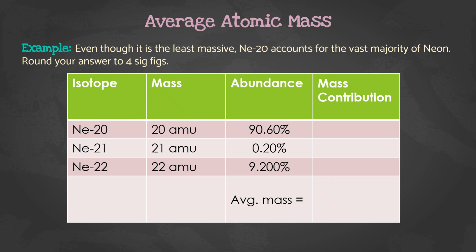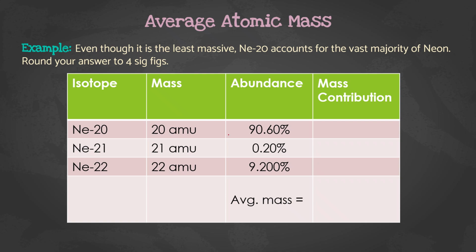So let's work an example together. Even though it is less massive, neon 20 accounts for the vast majority of neon. So let's figure out our average atomic mass. The first thing we're going to do is convert our percent abundance to decimal form, and we're going to divide them by 100. I know the answers, so I'm going to write them.